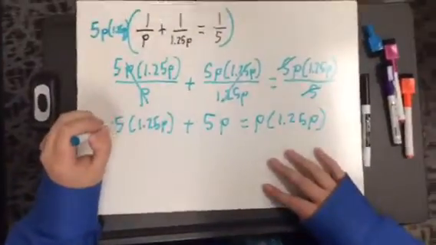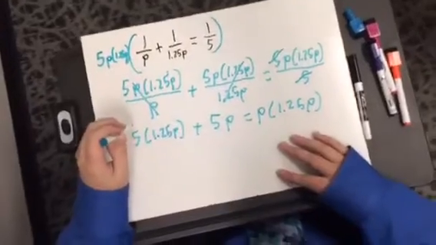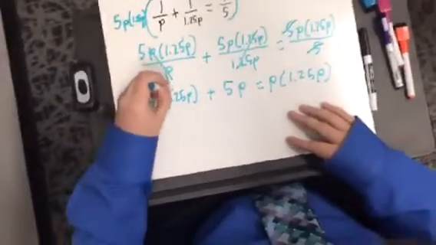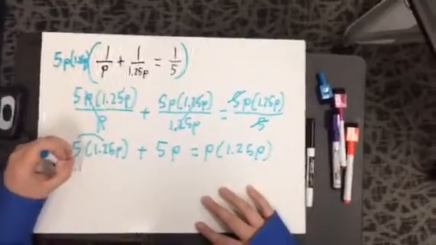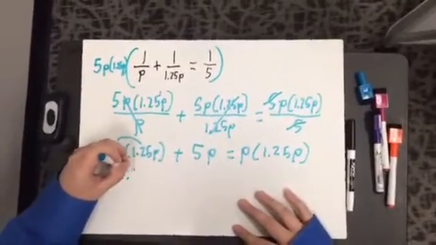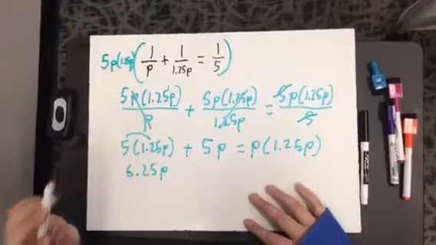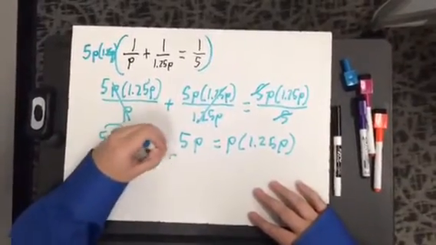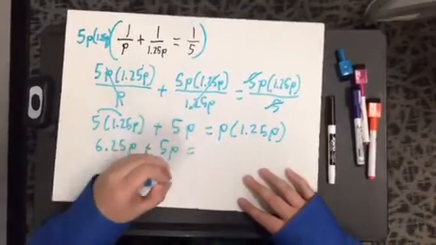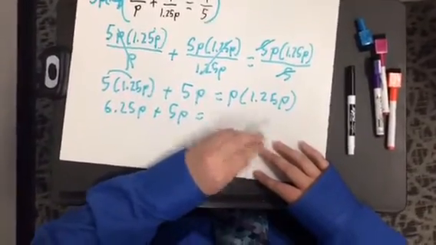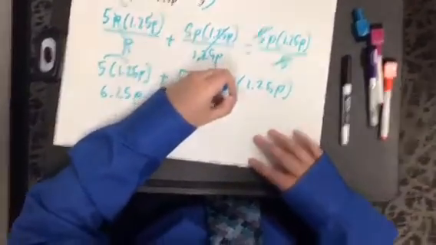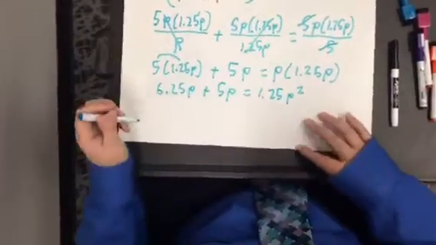Now, we need to simplify this a little bit before we can start combining numbers. First of all, we can multiply 5 times 1.25, and if you do that in your calculator, you'll get 6.25p plus 5p equals p times 1.25p, which in this case would be 1.25p squared.